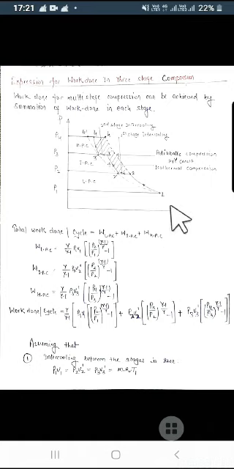The adiabatic compression in single stage follows the path 1 to 4'. Isothermal compression in single stage compression follows the path 1, 2', 3', 4'.